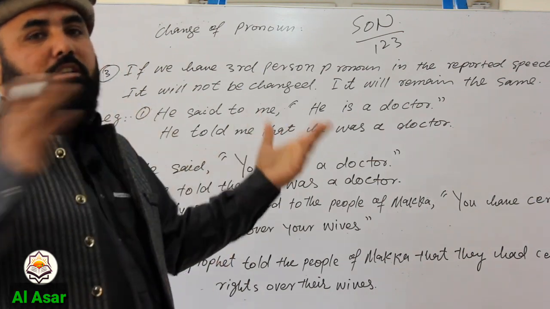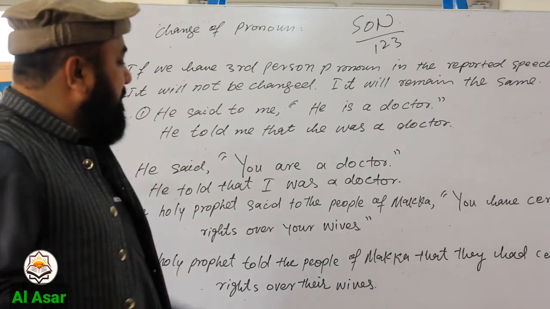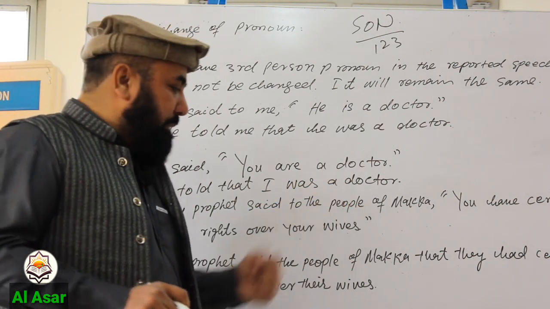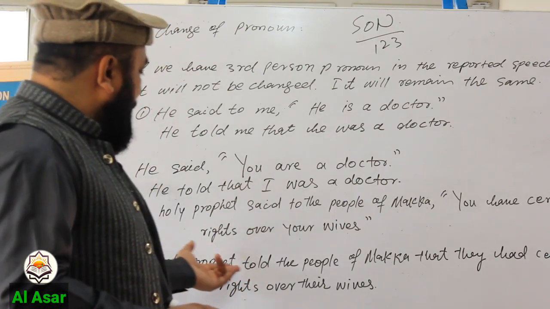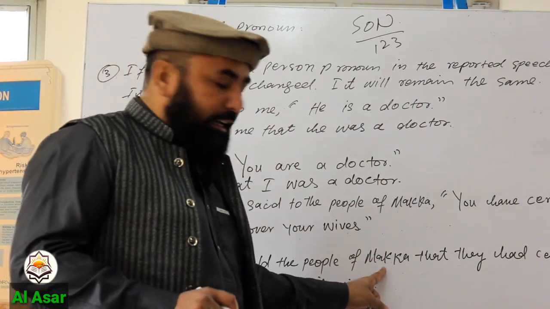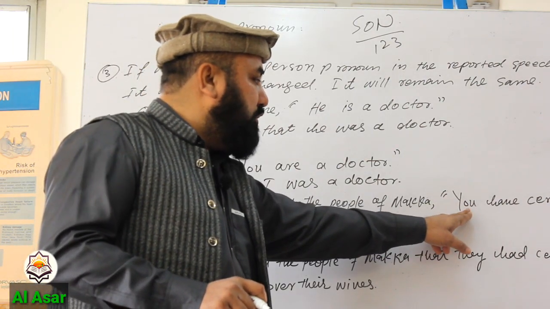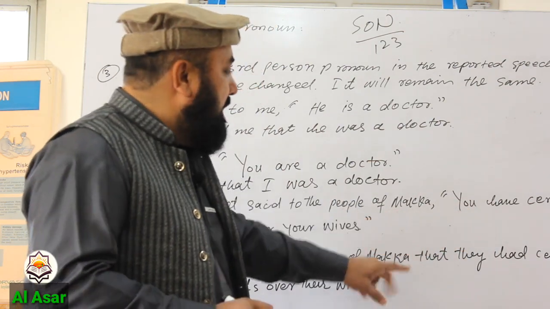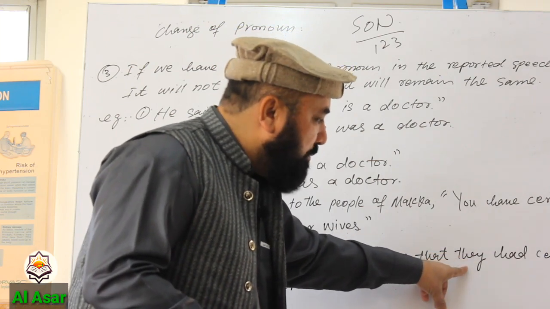Although it was for all the humanity, for all the Muslims, but at that time there were only the Makkans, they were present over there. So look into this one. The Holy Prophet told the people of Makkah that. Now here the second person pronoun will be changed according to the people of Makkah. So here it will become they. It will become third person pronoun.